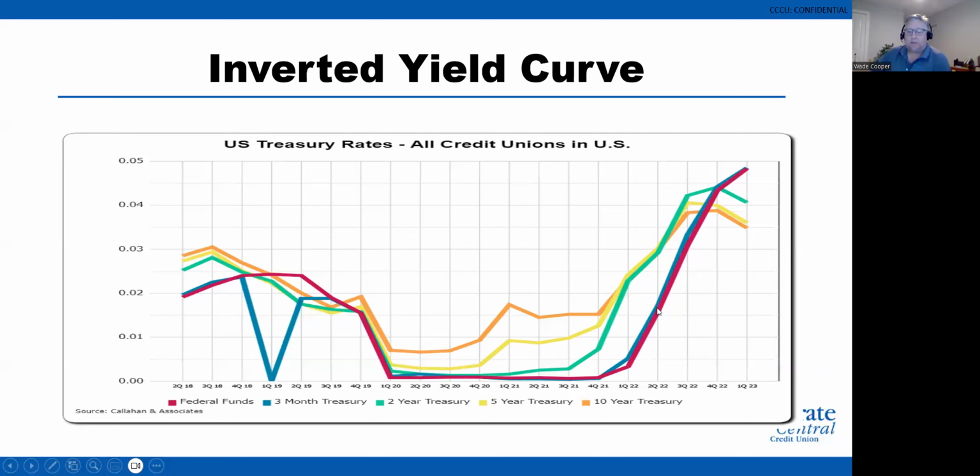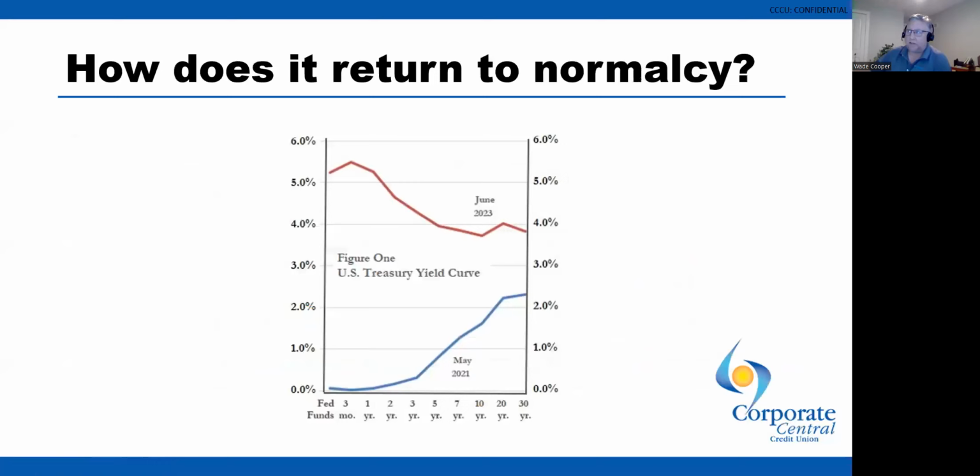So you can see the 3-month sitting right on top of the Fed funds, and where we're at today, both of those are above the 2-year, which is above the 5-year, which is above the 10-year. We'll talk a little bit more about the effects of that on credit unions in a second.